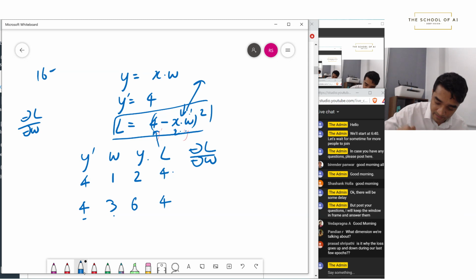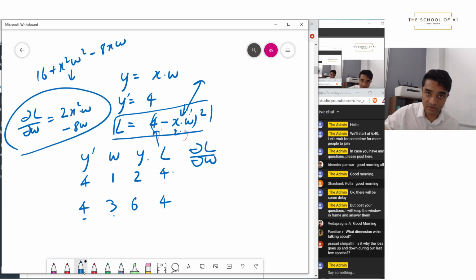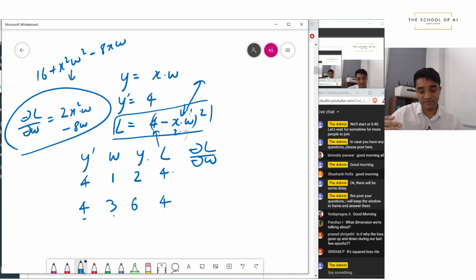So we have 16 plus x square w square minus 8xw. If you take a partial derivative of this, you're going to get 2 into x square into w minus 8 into x. So that is the equation you will have to solve if you're looking at a square loss, right? And that is why we were looking at a very simple loss earlier on. But let's say this gives us some value. Now x, this is again a constant.